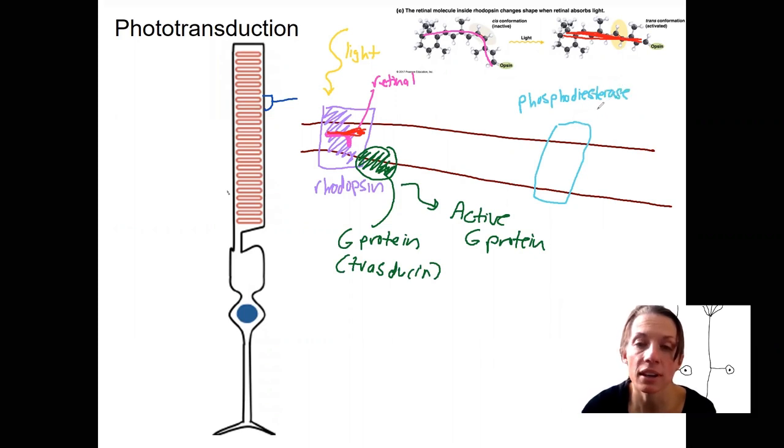What we saw before is G proteins activated adenylyl cyclase. This is another protein. It's an enzyme. It's a phosphodiesterase. Phosphodiesterase normally converts cGMP to GMP.